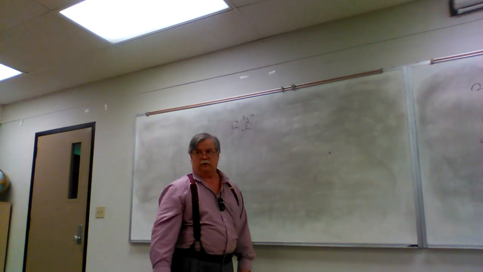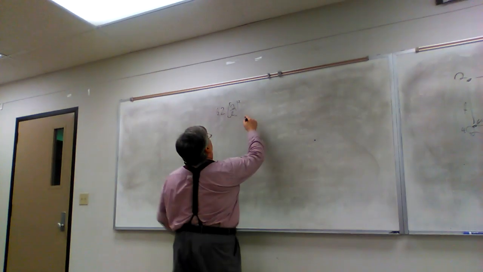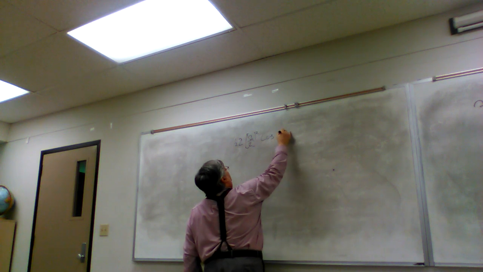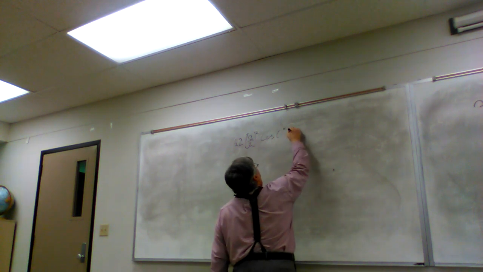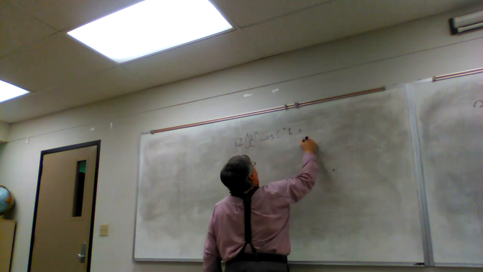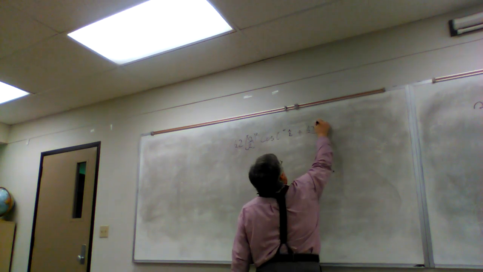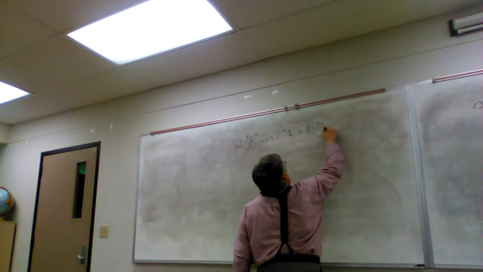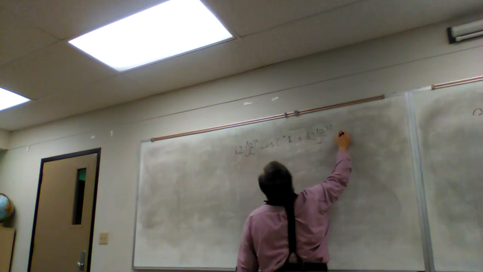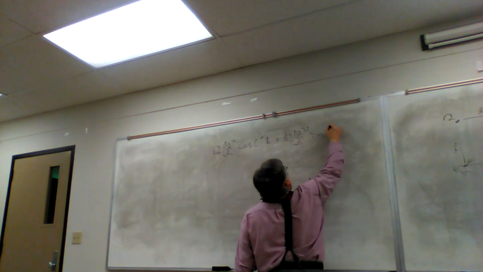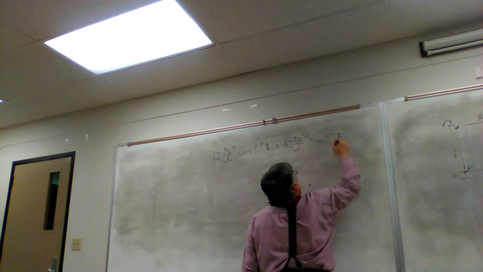So it's going to be that magnitude times the cosine of 0 degrees times i, plus that magnitude times the sine of 0 degrees times j.